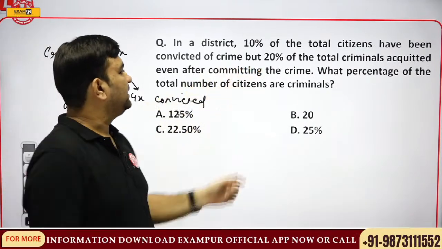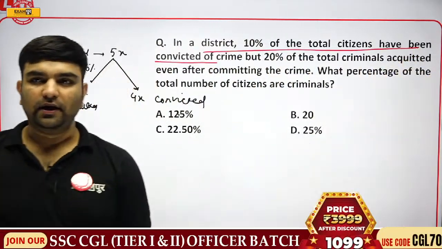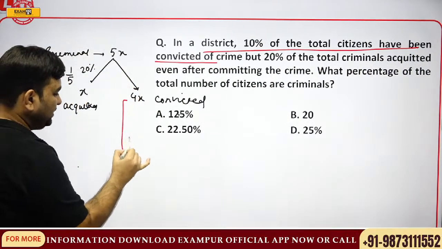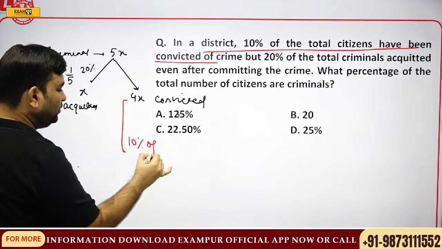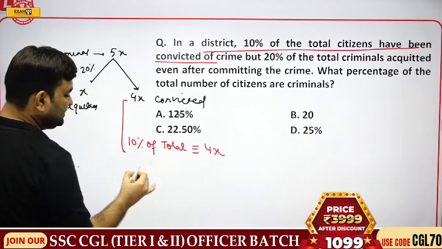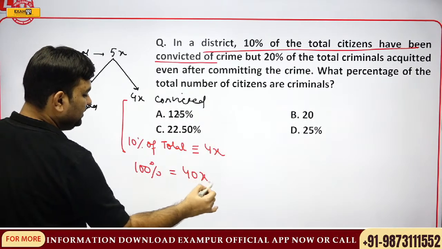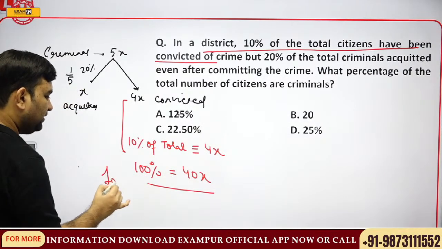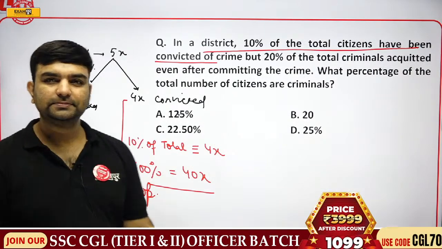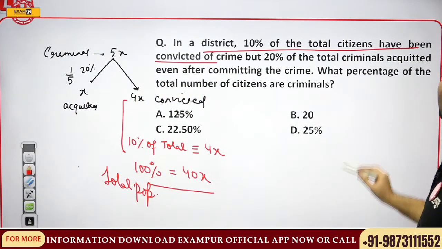Now, the convicted are 10% of the total population. So 4X is equal to 10% of the total population. So 100% means the total population is 40X.